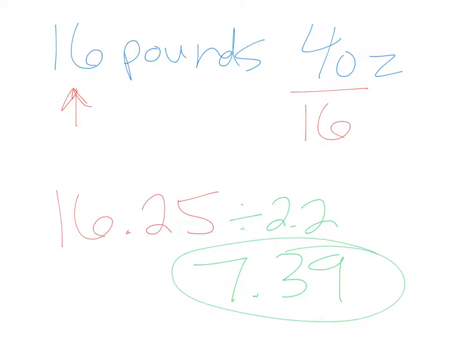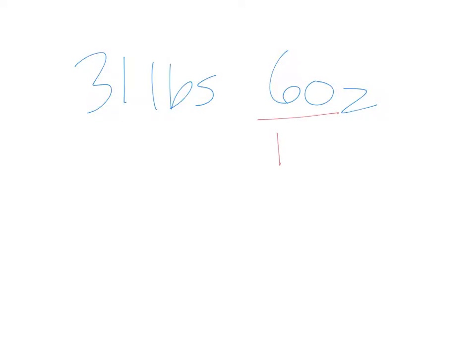For those of you working with me on that one. Let's do one more just to make sure we feel pretty good with that. I'm looking down at number 4. Number 4 is a patient who is 31 pounds and 6 ounces. Once again, what I'll have to do is temporarily look at this as a fraction.